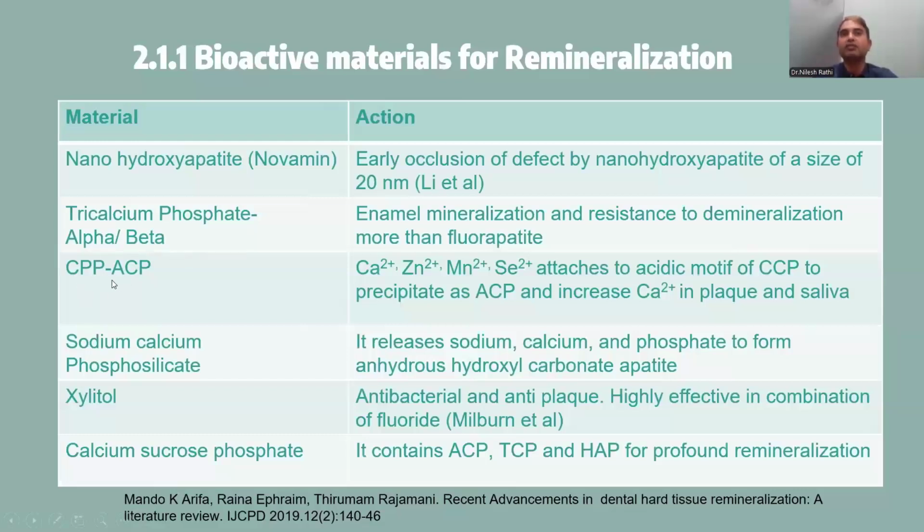Then we have CPP-ACP, where casein acts as a selective media which is pH dependent, and it releases calcium, zinc, manganese, and phosphorus ample for mineralization. Then we have sodium calcium phosphosilicate, xylitol, and calcium sucrose phosphate. Calcium sucrose phosphate contains ACP, TCP, and hydroxyapatite crystals, and it is a strong remineralizing agent.